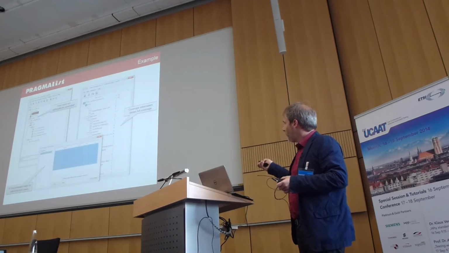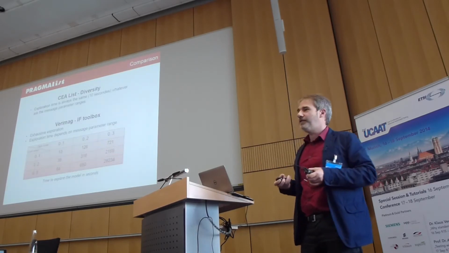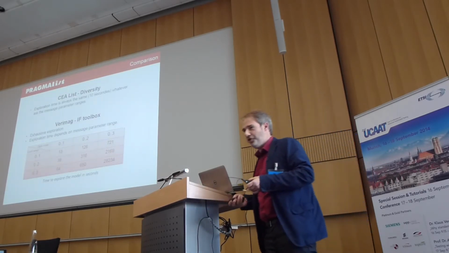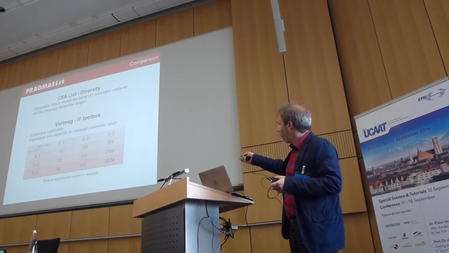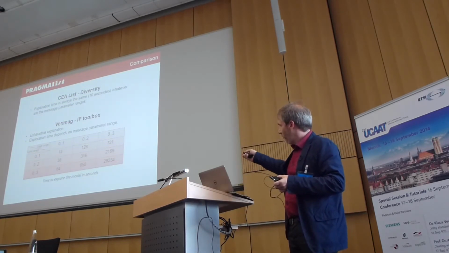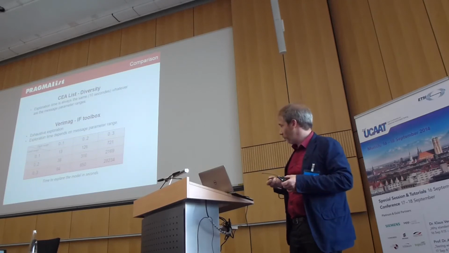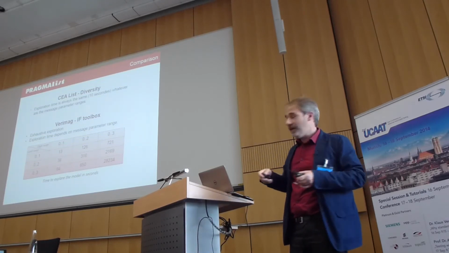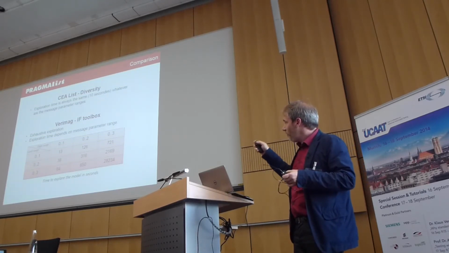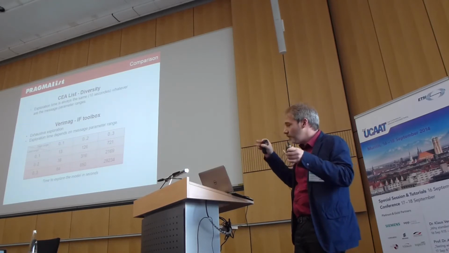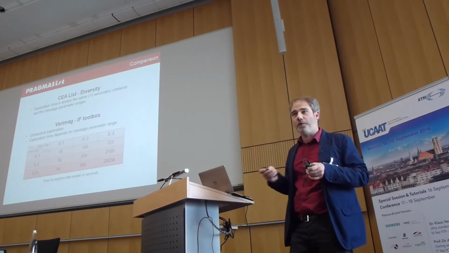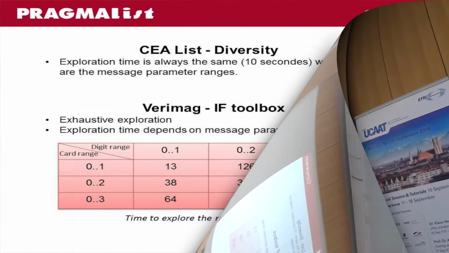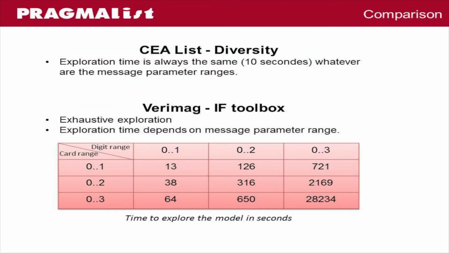Now the interesting thing is to measure that against exhaustive simulation. Here are a few figures coming from an exhaustive simulation tool on that same system. But to be able to run this exhaustive simulation tool, we had to reduce the system. So for example, the number of cards available would be only 2 cards. Okay?